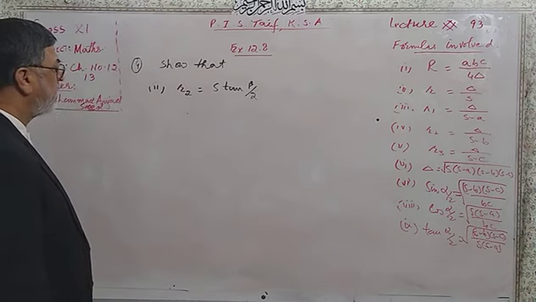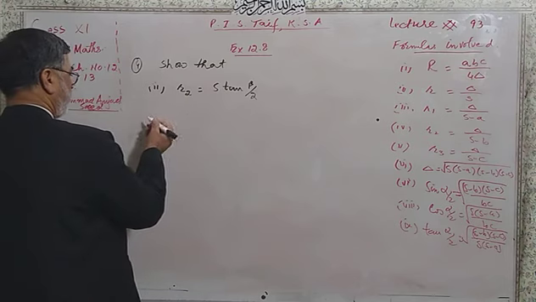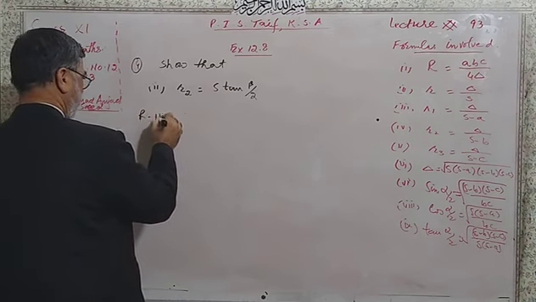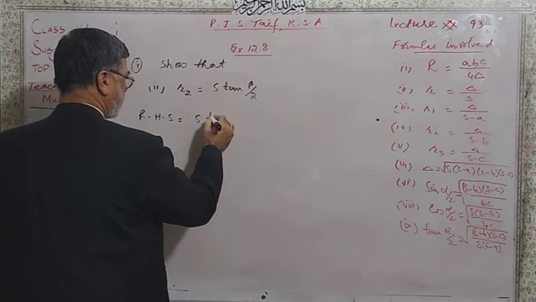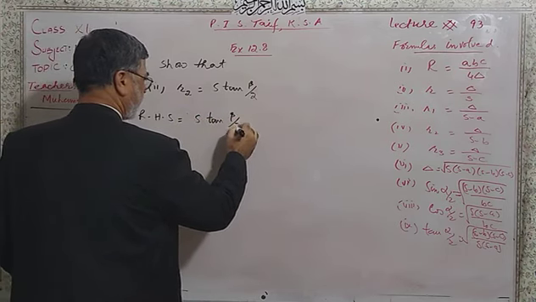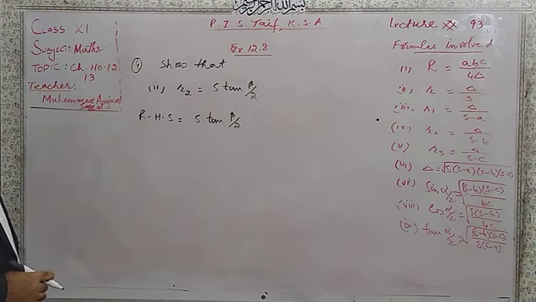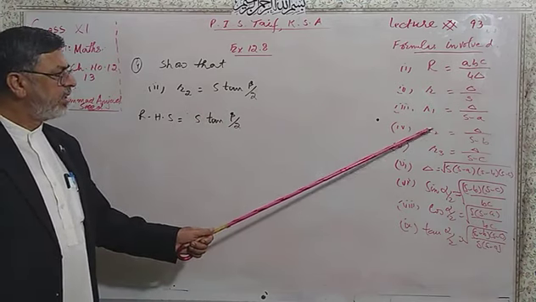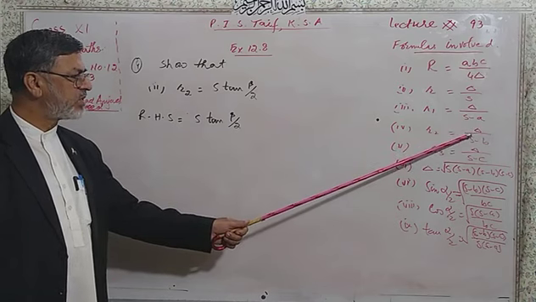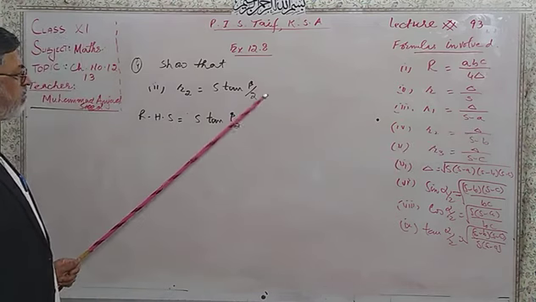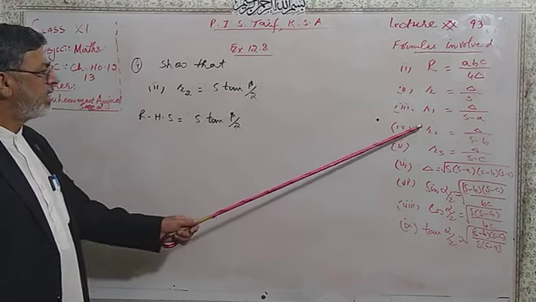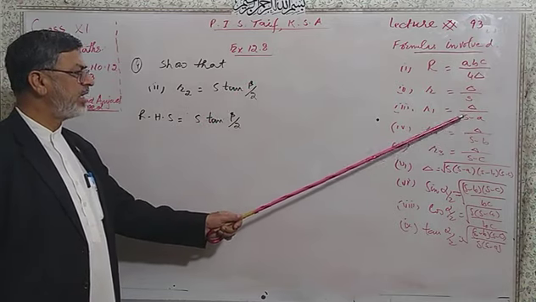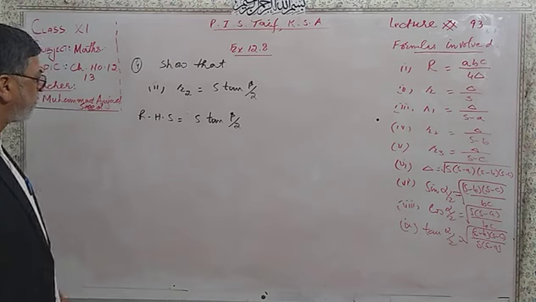So dear students, the right hand side is S tangent beta by 2. Left hand side is R2. You can see that the formula for R2 is delta over S minus B. So after simplification of your right hand side, we will get delta over S minus B. That will be R2.